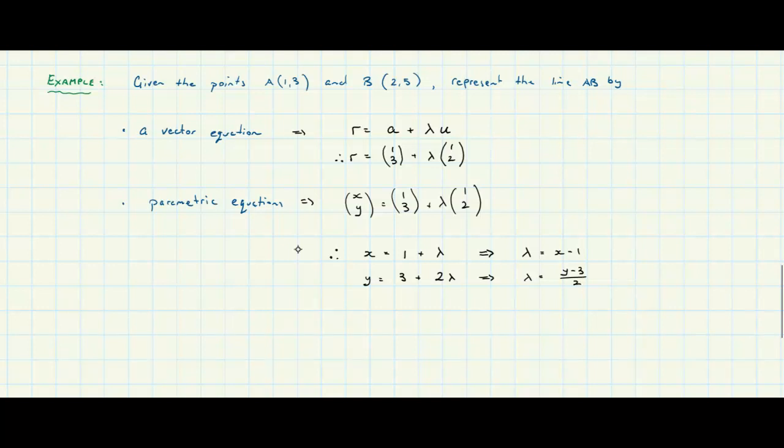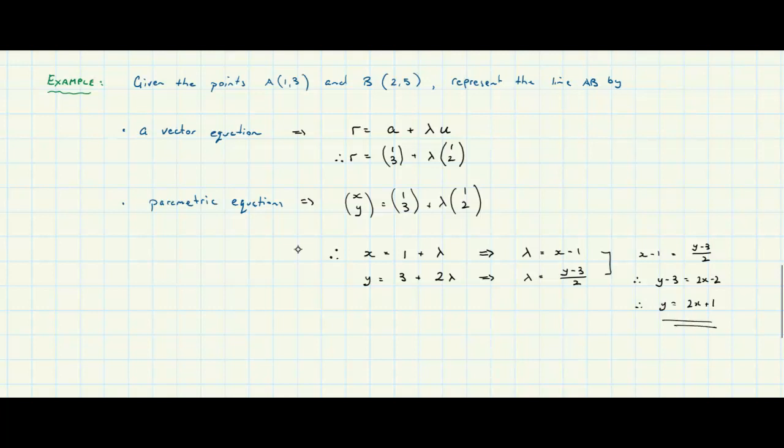And from that, x minus 1 is equal to y minus 3 over 2, so we might rewrite this as y minus 3 is equal to 2x minus 2, and therefore y is equal to 2x plus 1.